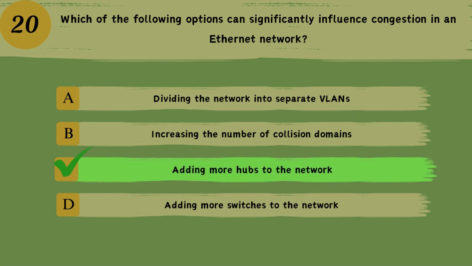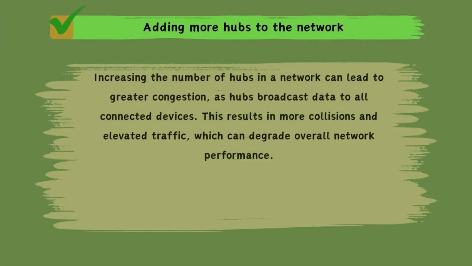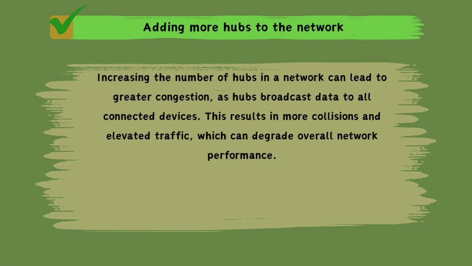Correct answer. C. Adding more hubs to the network. Increasing the number of hubs in a network can lead to greater congestion, as hubs broadcast data to all connected devices. This results in more collisions and elevated traffic, which can degrade overall network performance.